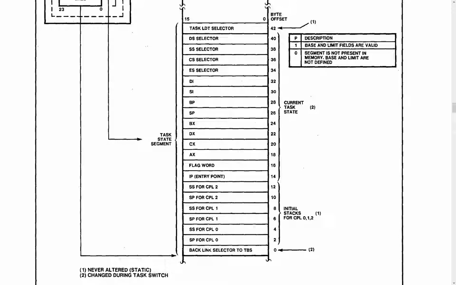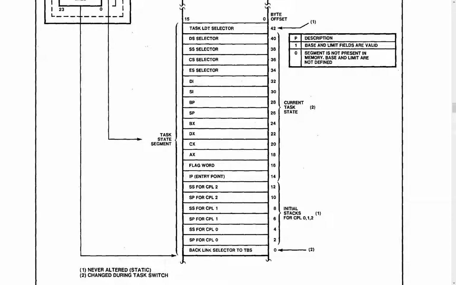Now, some of these fields are marked as never altered, and the other ones are changed during task switch. So when we do a task switch, we are not going to do this now, but if we did, then the CPU would store here all the values of the registers before switching to a new task.